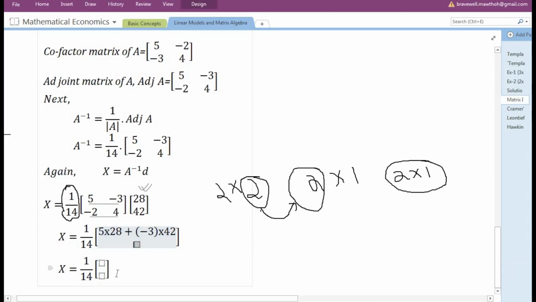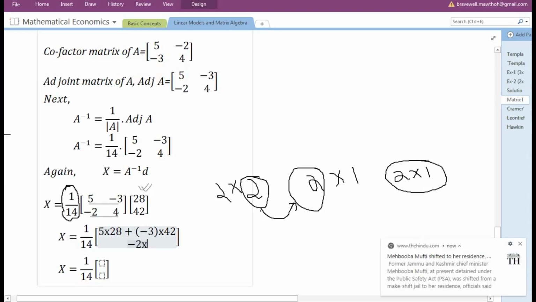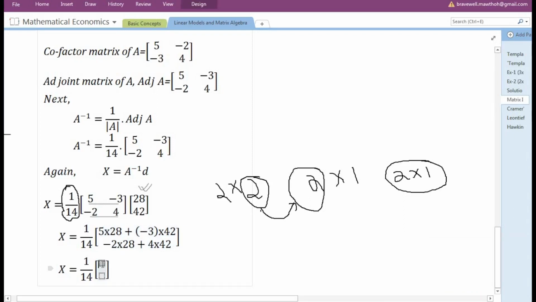Next, the second row with the vector: minus 2 times 28, plus 4 times 42. Let us simplify further. 5 times 28 is 140, plus into minus is minus, 3 times 42 is 126.